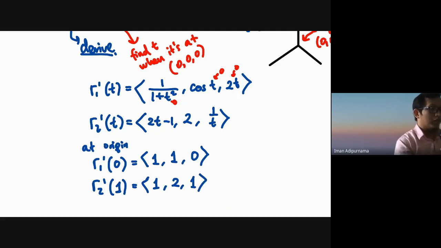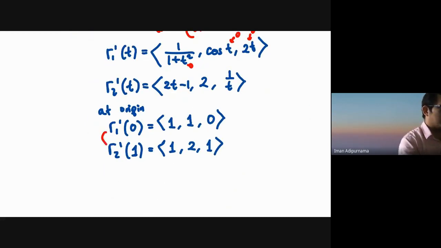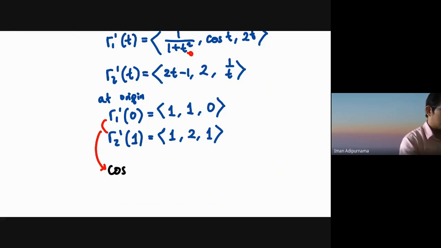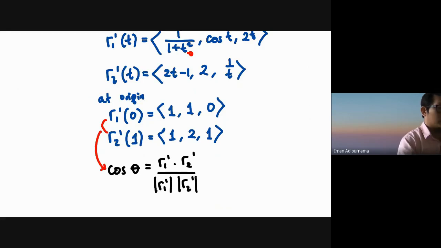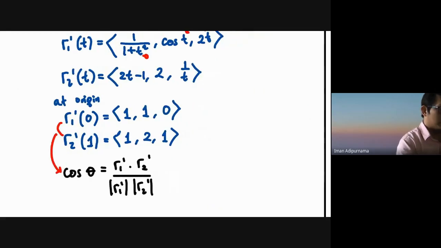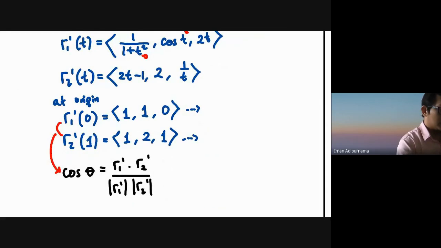Now we can calculate the angle from these two vectors, right? So calculate the angle through our cosine formula with the dot product. And if you want to find the value, maybe I can write here the magnitude of the tangent of R1.